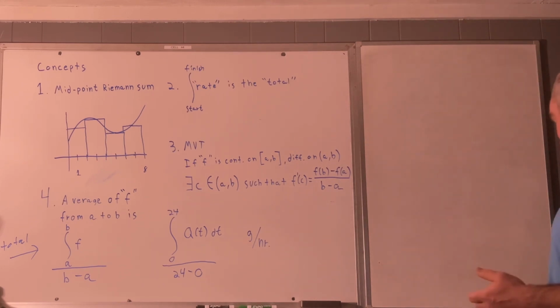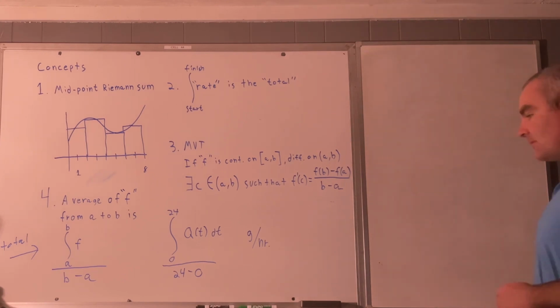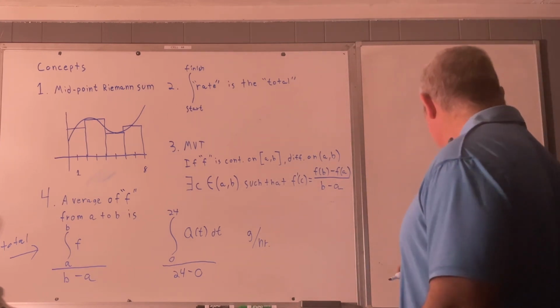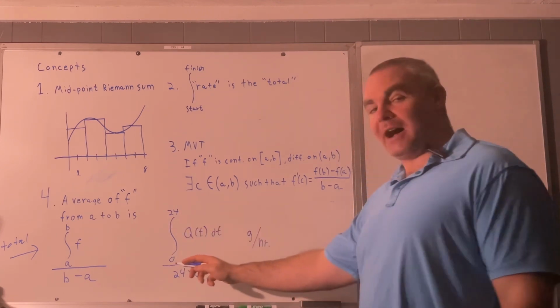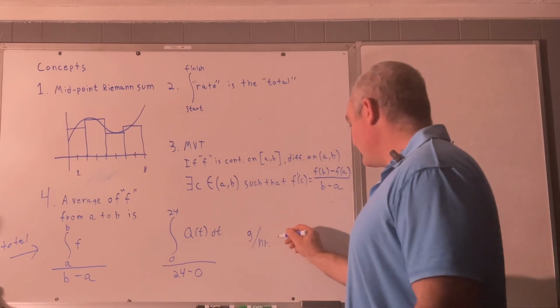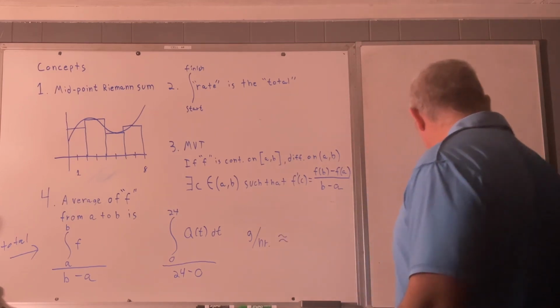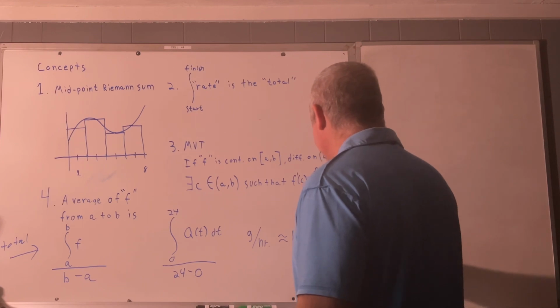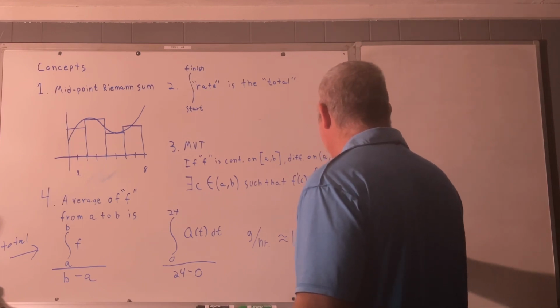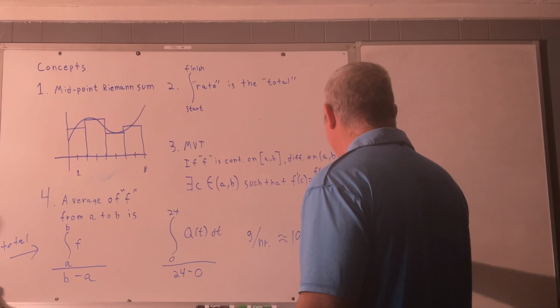If you evaluate the integral and then divide it by 24, you get roughly 10.785 gallons per hour.